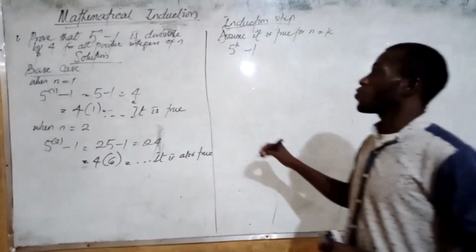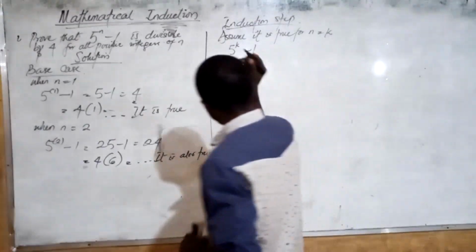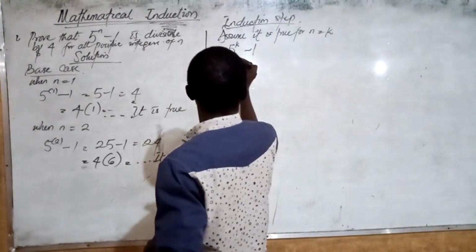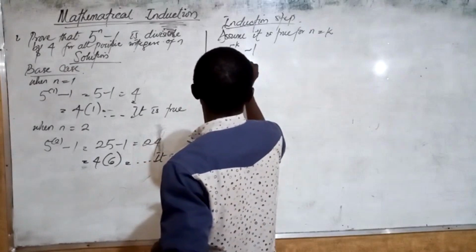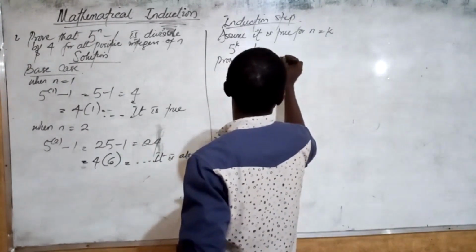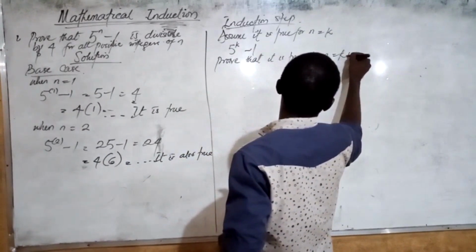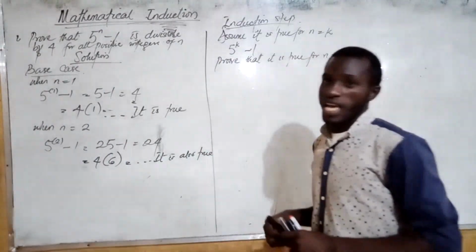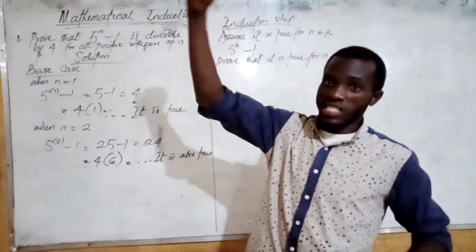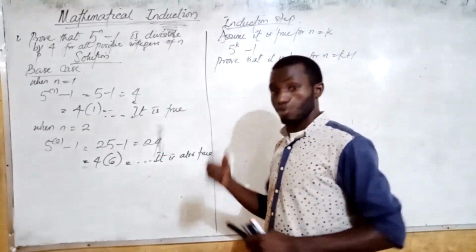Having changed our statement to this, let's prove that it is true for n equals k plus 1, that is, every successive level of increase for k. Let's prove that it is true for it.